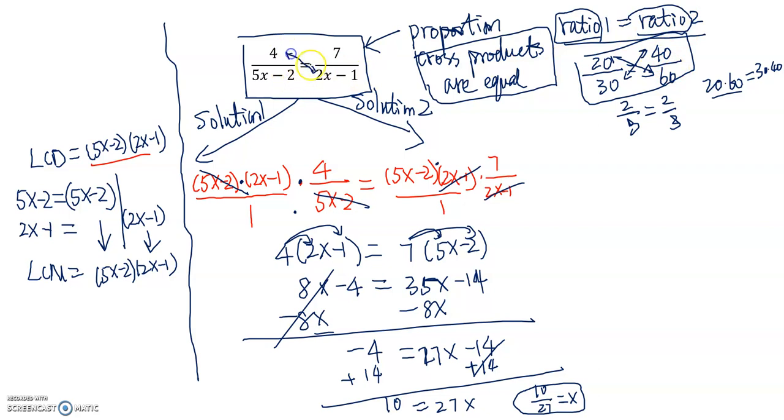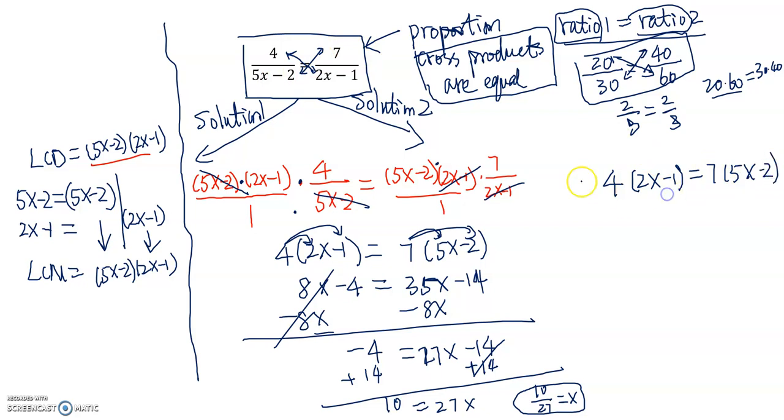If it's a proportion, then we can solve it the quick way using the property of cross products. So we can cross multiply to get left top times right bottom: 4 times 2x minus 1 equals the left bottom times the right top, 7 times 5x minus 2.